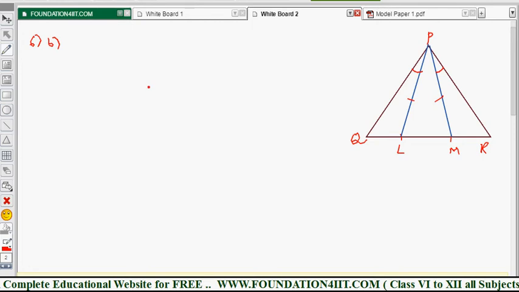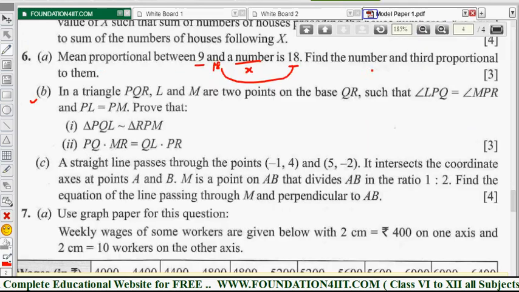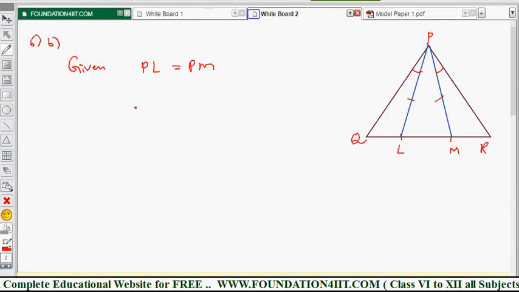So that is given. So given that PL is equal to PM and angle LPQ is equal to angle MPR, right? So this is the given.